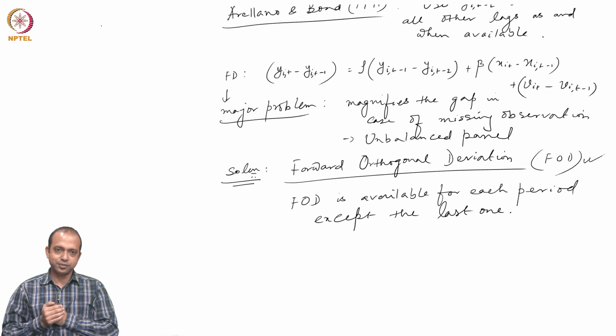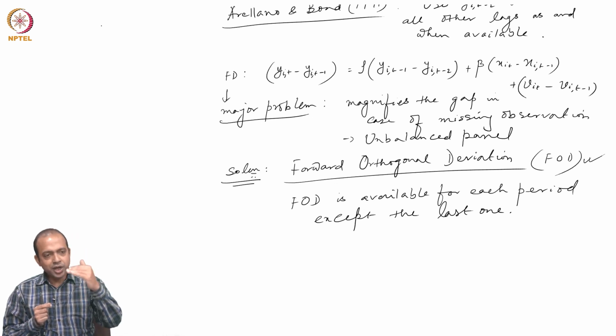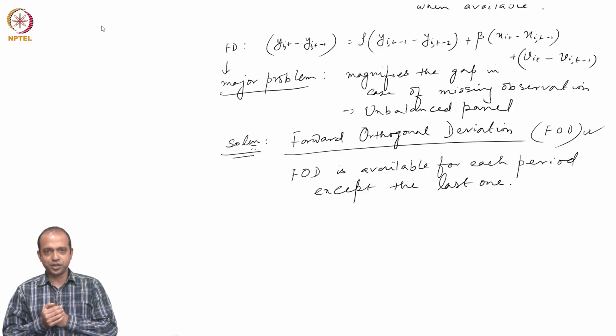So far we have discussed up to the Arellano-Bond 1991 model, wherein we transform the equation by first difference, and then we use instruments as yit-2, and then we estimate the model.